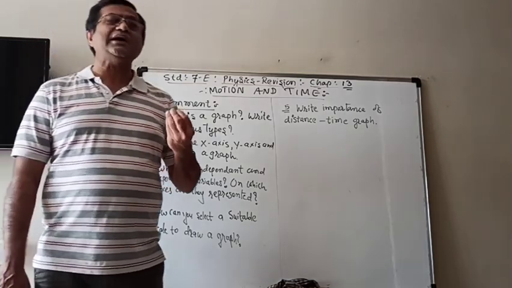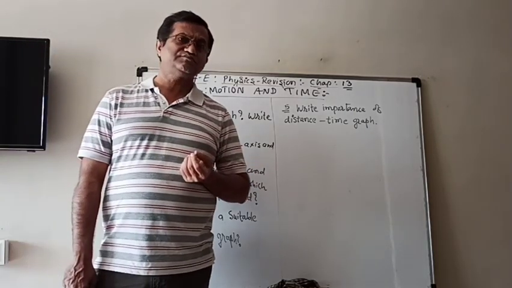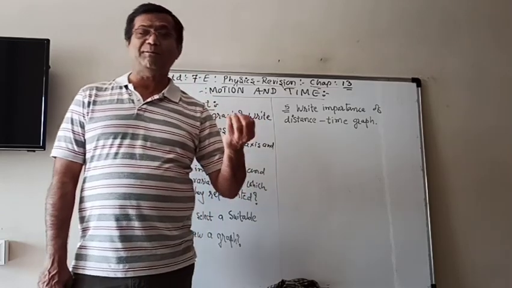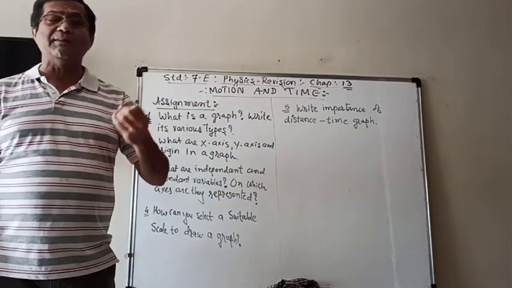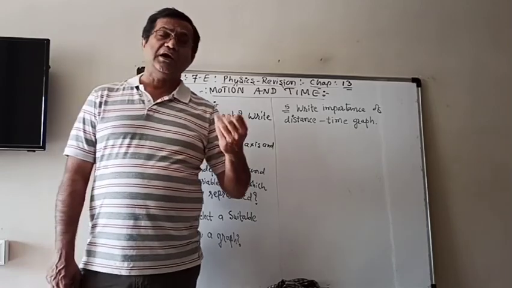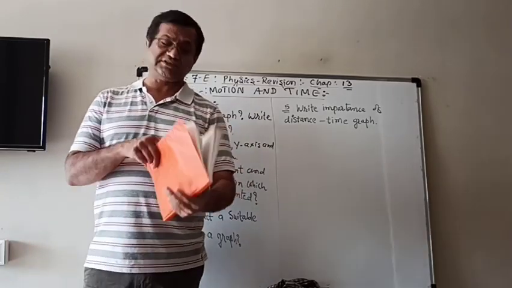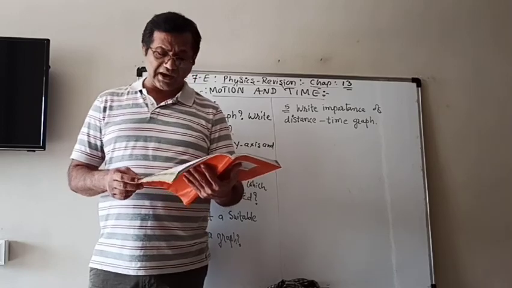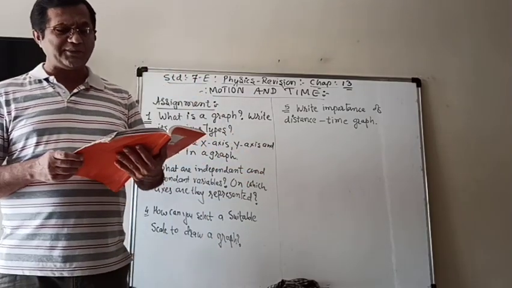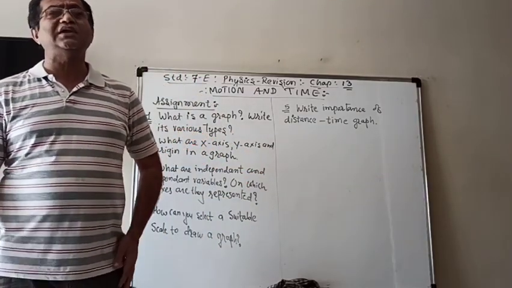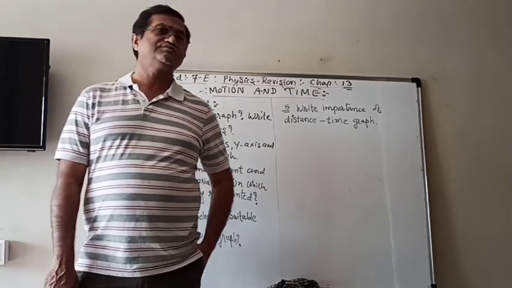There are different types of graphs, like a pie chart, a bar graph, a histogram, or a line graph, etc. You learn different types of graphs in mathematics also.